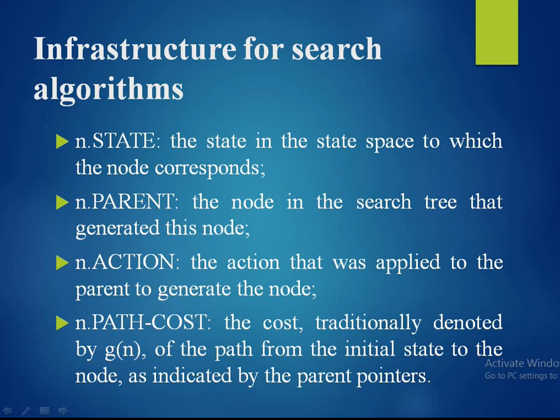N dot parent, the node in the search tree that generated this node. N dot action, the action that was applied to the parent to generate the node. N dot path cost, the cost, traditionally denoted by g of n, of the path from the initial state to the node as indicated by the parent pointers.